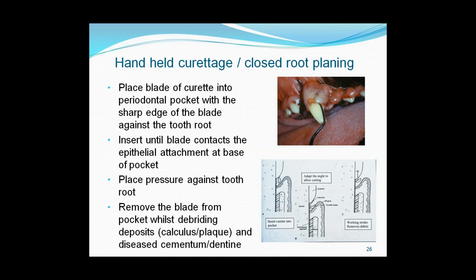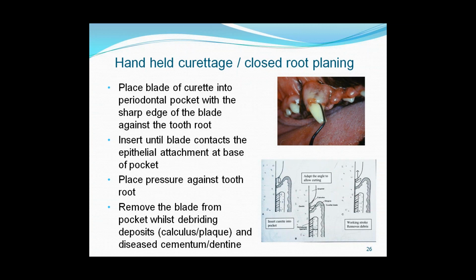You then put pressure against the tooth surface and then you pull the instrument towards you or away from the epithelial attachment. And as it does that with some pressure against the tooth root, you're actually debriding and removing all the debris that's in the periodontal pocket, as you can see by these diagrams.